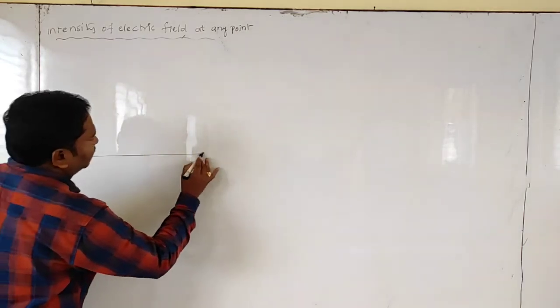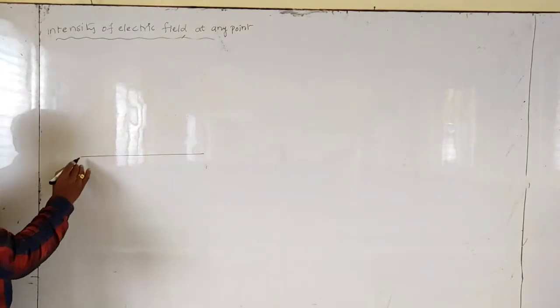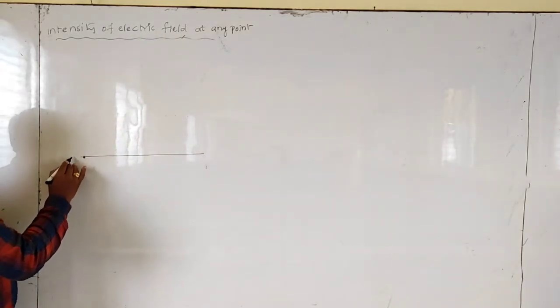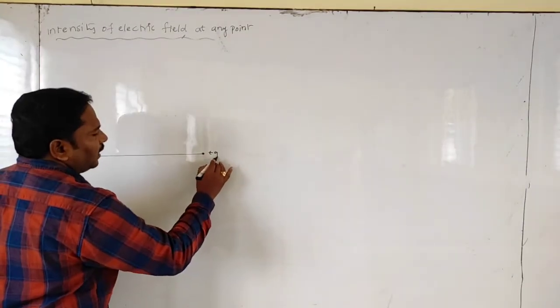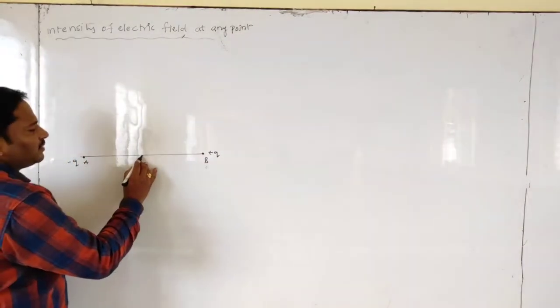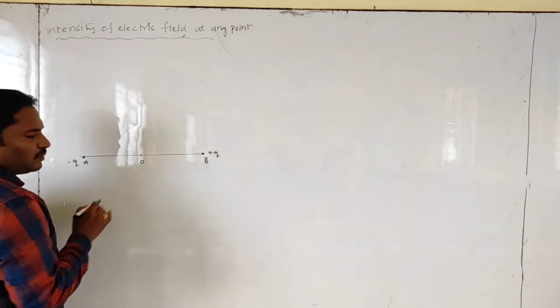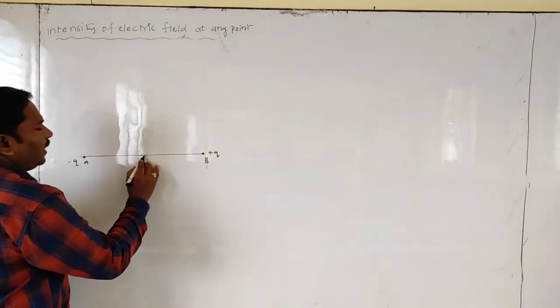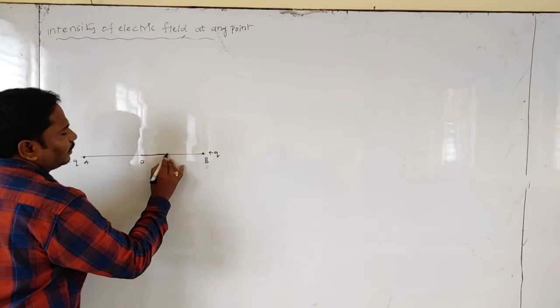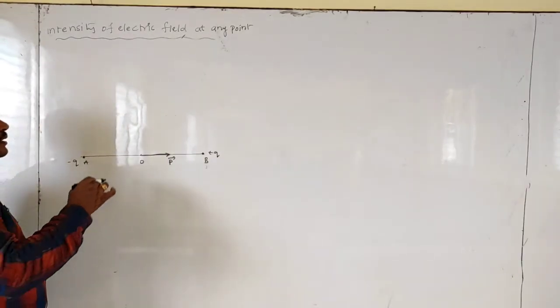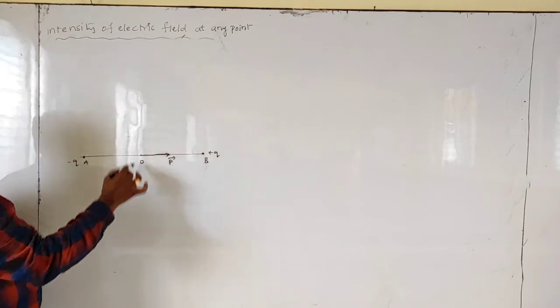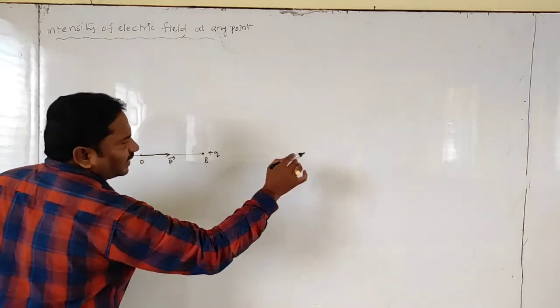This is the electric dipole, having minus q at point A and plus q at point B. This is the center of the dipole. Now what is the dipole moment? This is the dipole moment, P bar. This is called the equatorial line, and this is the axial line.